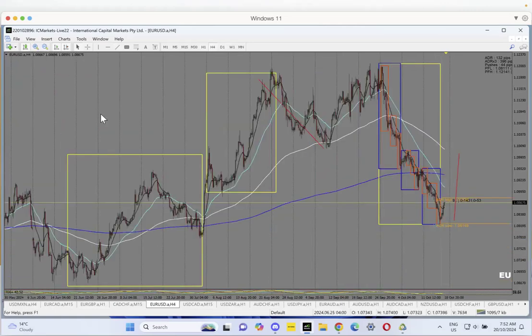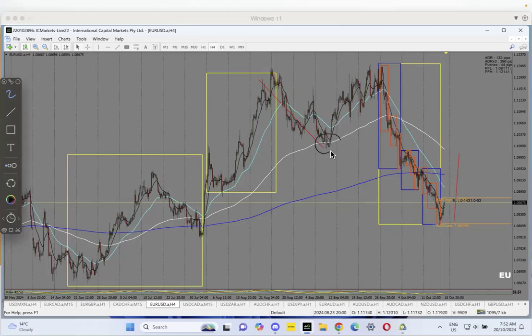And remember what I said, not all resets are going to be like this. Some are going to be like this, whereby they go beyond the 200 EMA. It's still a reset. It doesn't mean it's not a reset. But the good thing is some of them give you a complete cycle. Some don't.